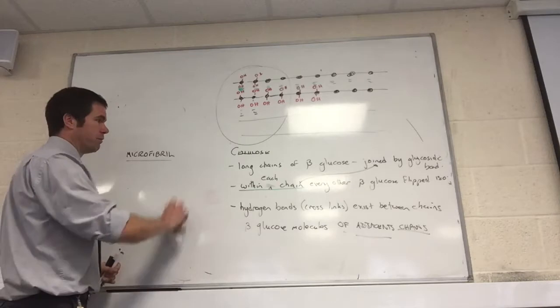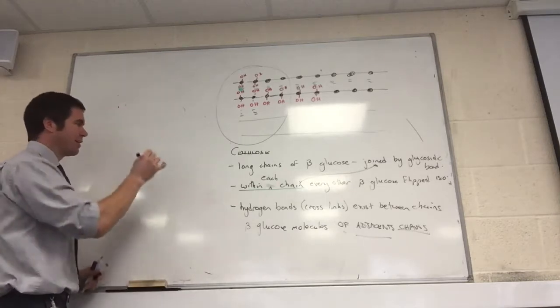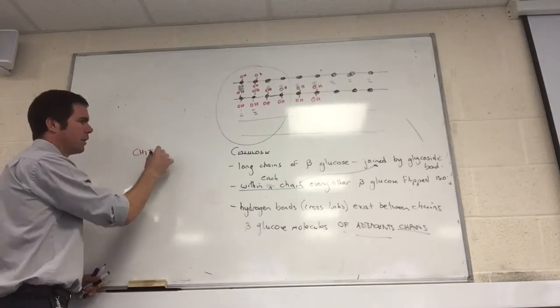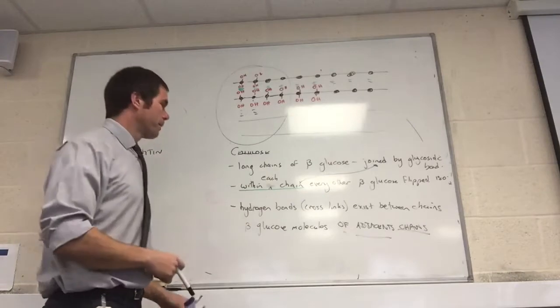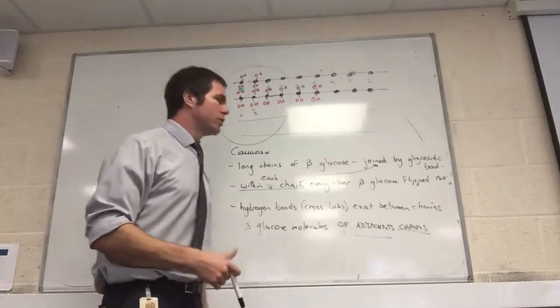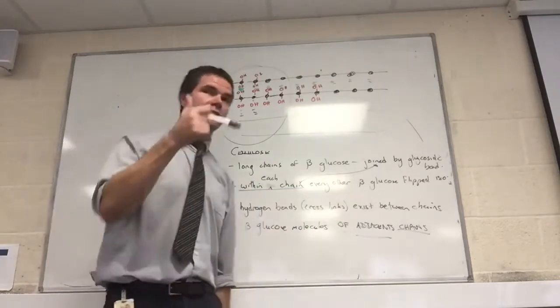I've talked a lot, but I'm going to do chitin, but it's really quick. Chitin, exactly the same. Long chains of beta glucose molecules, yeah. Joined by glycosidic bond, yeah. Within each chain, every other beta glucose flipped, yeah. Hydrogen bonds, yes. Exist between chains, yes.